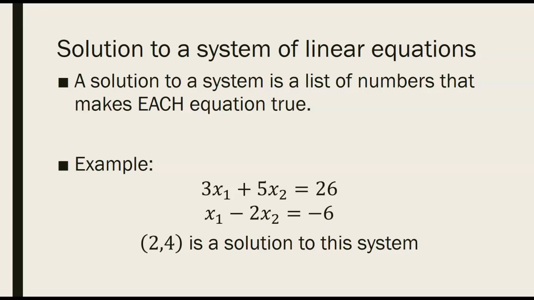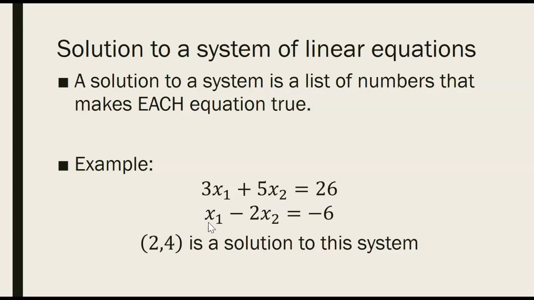So each equation is true when I plug it in. So for instance, (2, 4) is an ordered pair. If we plug in 2 to x1 and 4 to x2, we're going to get 3 times 2 plus 5 times 4. That is going to, in fact, give us 26. So it's going to make the first equation true.